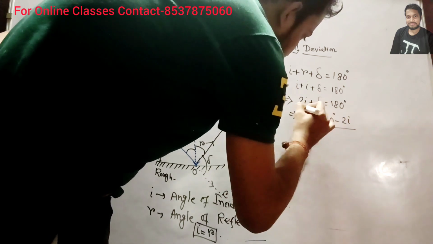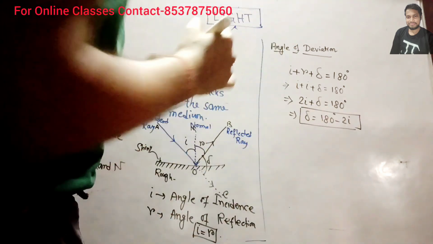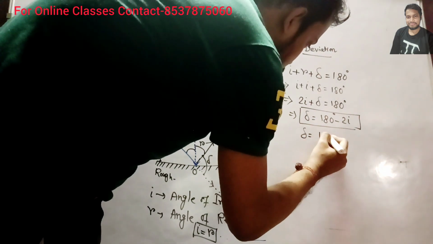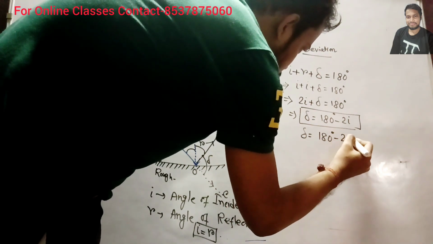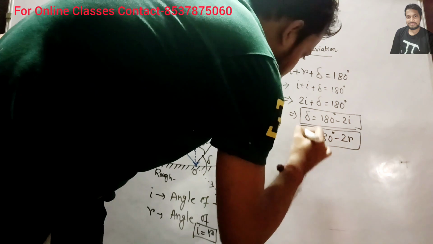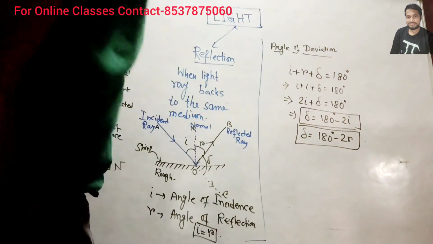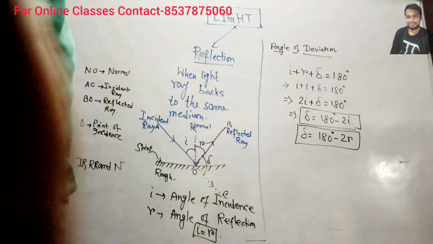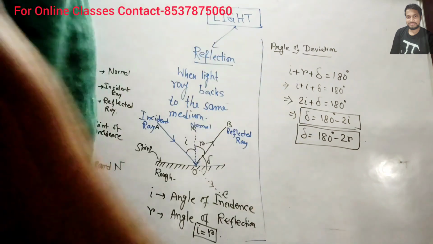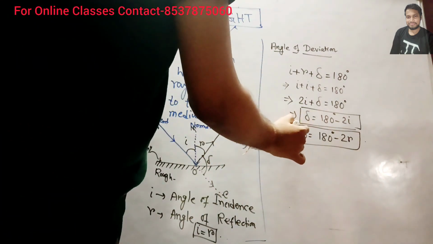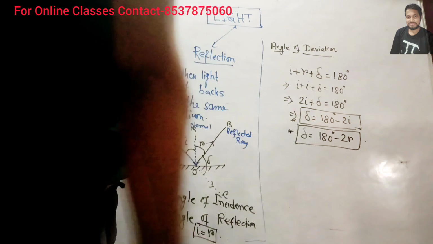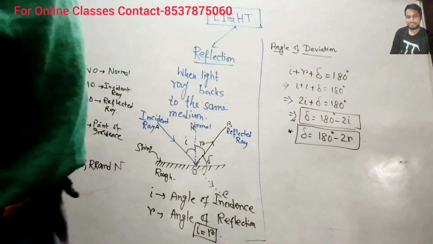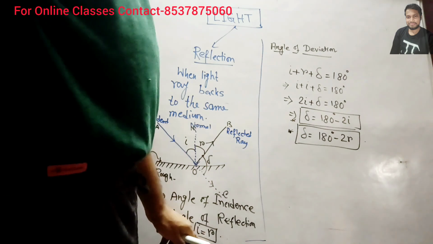This is the expression for the angle of deviation, and another expression will be delta equal to 180 degrees minus 2R, because from the law of reflection I equal to R. We have to remember these two expressions so that we can solve numericals.